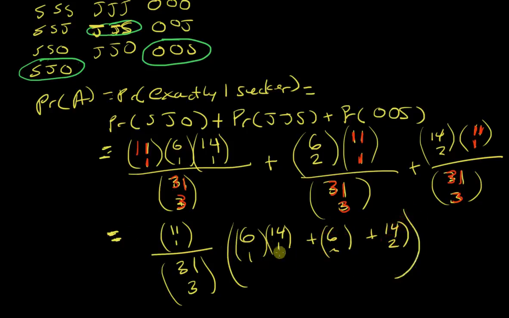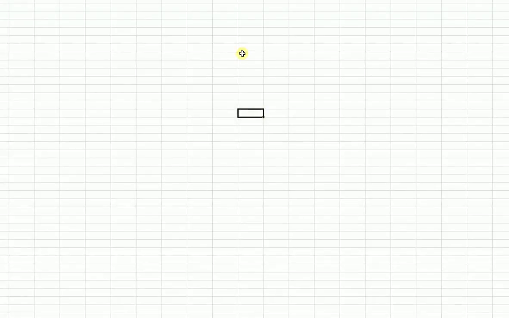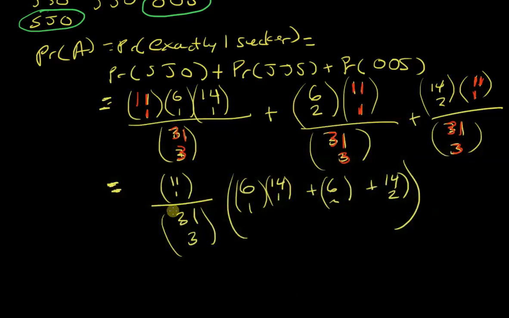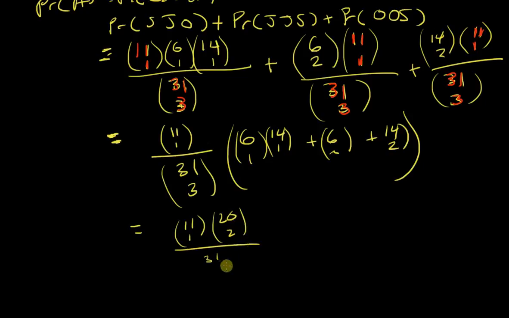Go ahead and plug this into a calculator, and I think I did it in Excel. You get 190, which is the same thing as 20 choose 2. 20 choose 2 is also 190. So these are the same.